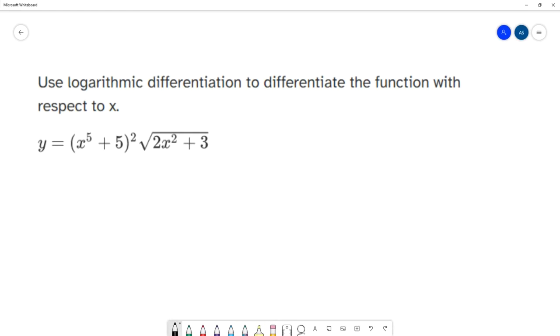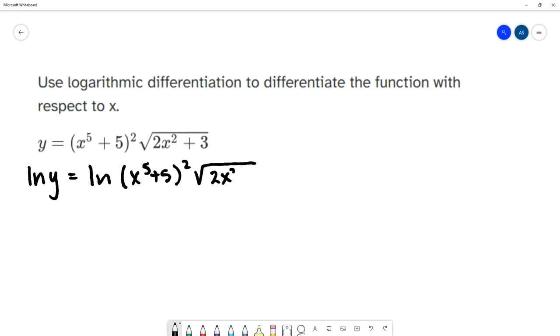So with logarithmic differentiation, the first step is to take the natural log of both sides. So I'll do natural log on the left and natural log on the right. Natural log of x to the 5th plus 5 squared, square root of 2x squared plus 3.